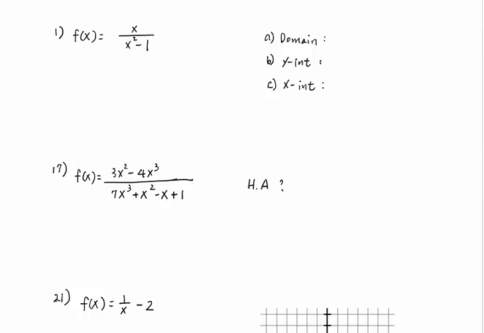On number 1, you're asked to find the domain, X-intercept and Y-intercept of that rational function. So the domain is all real numbers except what makes your denominator equal to 0.